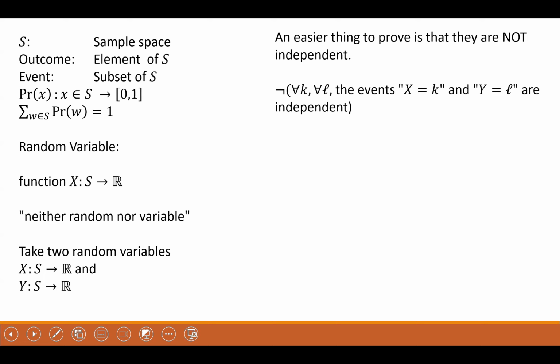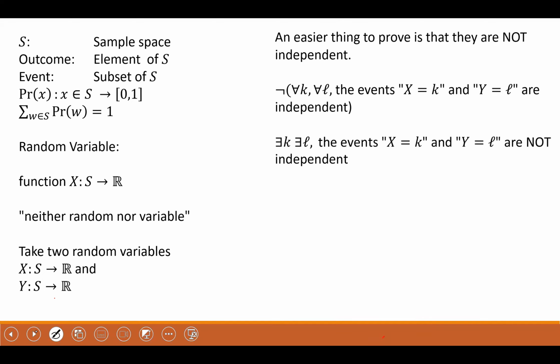So to prove that they're not independent, this is the formal logical statement of X and Y being independent. Using logic, I'm going to negate it. If I negate it, then using the rules of logic, I flip these.